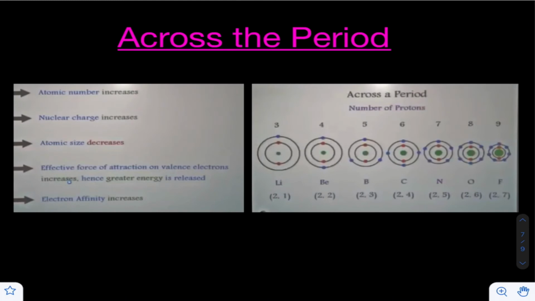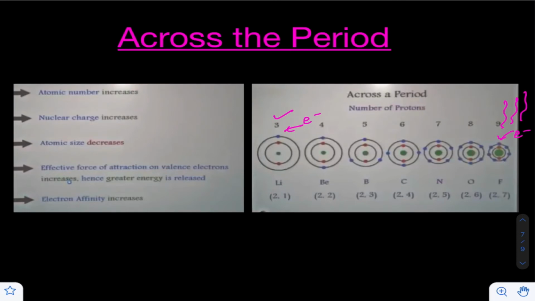Let's discuss the same property across the period. This is lithium, the size is bigger, it has to gain an electron. Let's suppose fluorine has to gain an electron, and you know that fluorine can gain an electron quite easily as compared to lithium. So in the case of fluorine, electron affinity will be more because it will release more energy, because the speed of the incoming electron will be more.